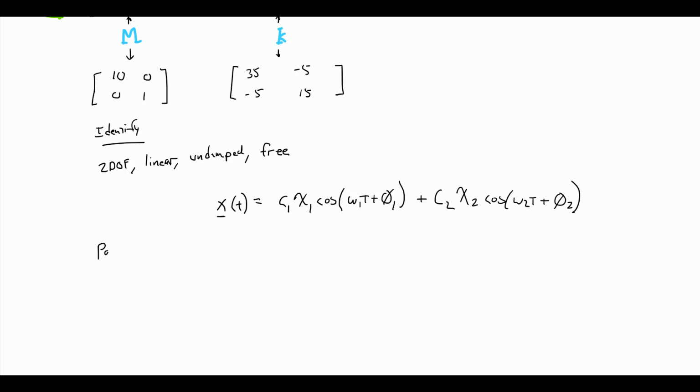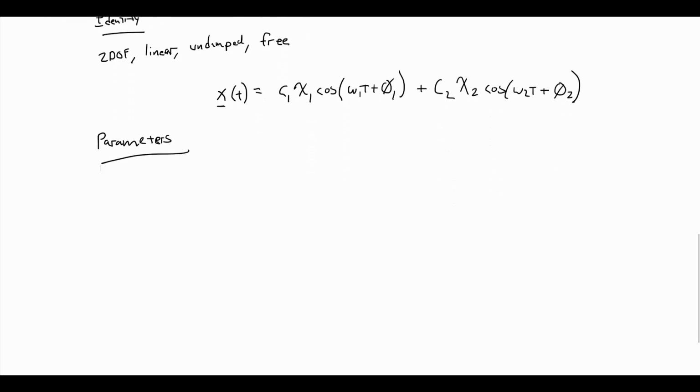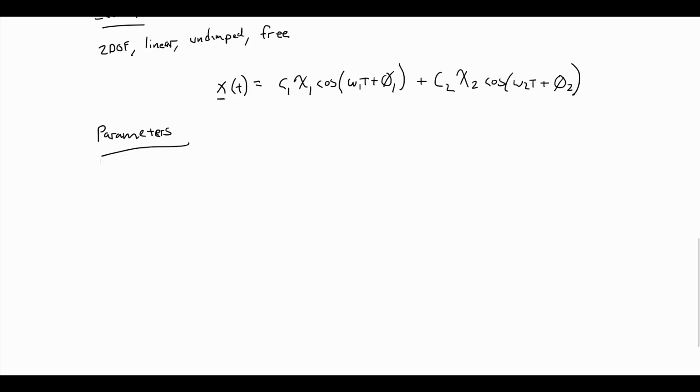We need to figure out these parameters. So let's start with finding our natural frequencies. We could have done this in 1 degree of freedom, where we can just use the root k over m.